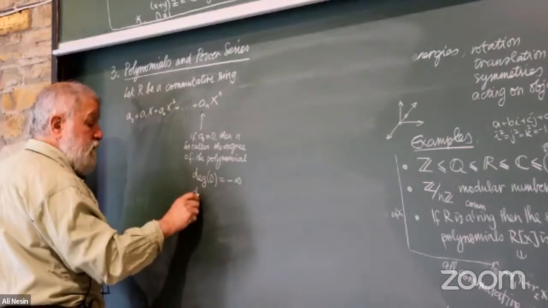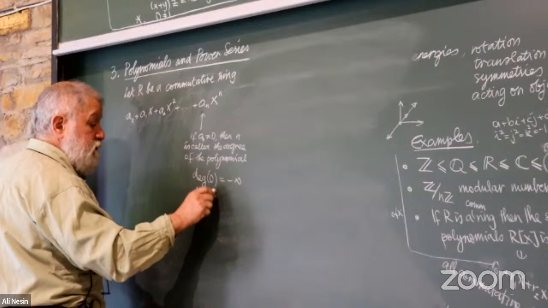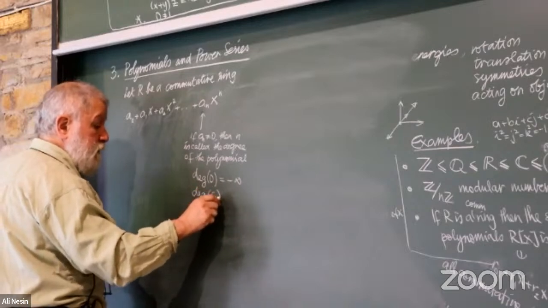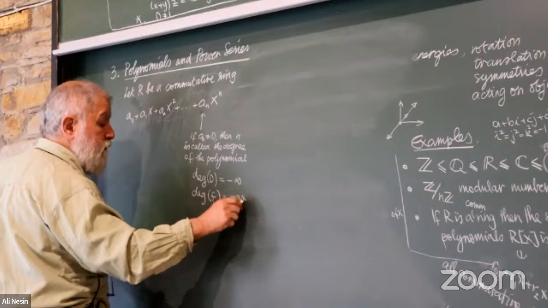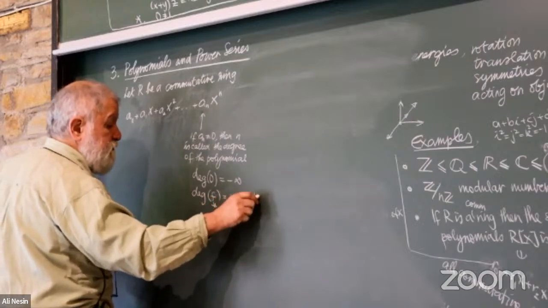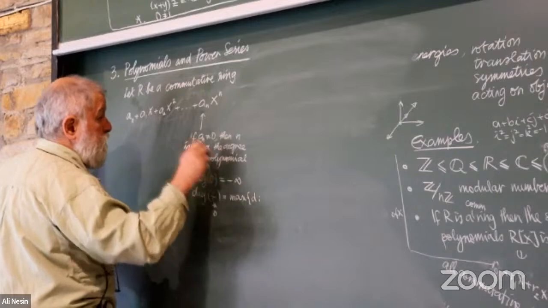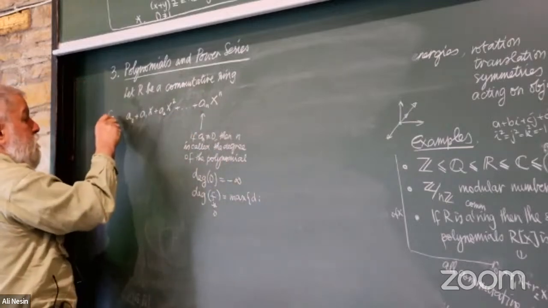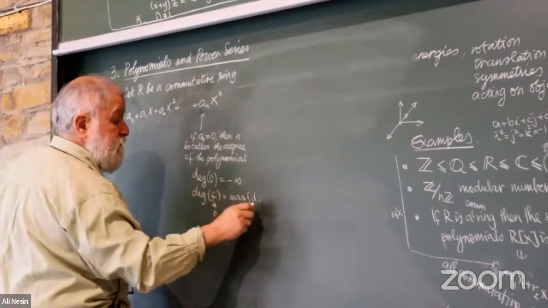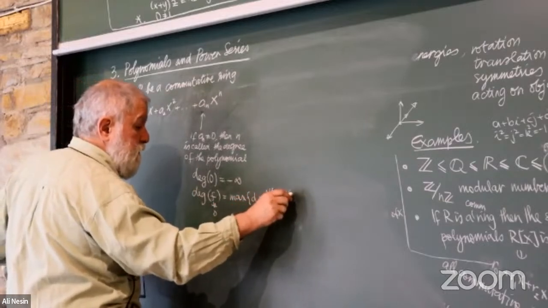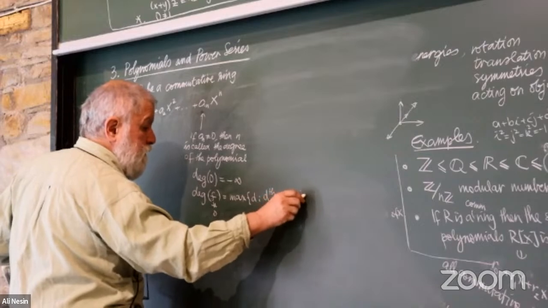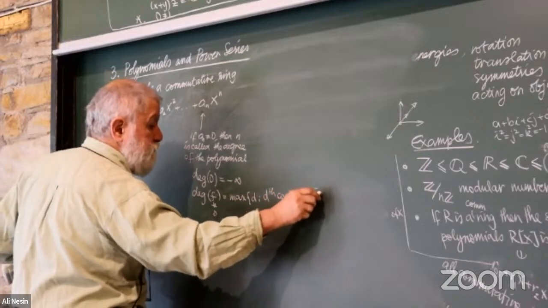Otherwise, the degree of a non-zero polynomial f is the maximum d such that the d-th coefficient is non-zero.